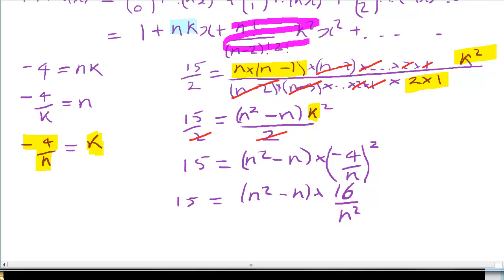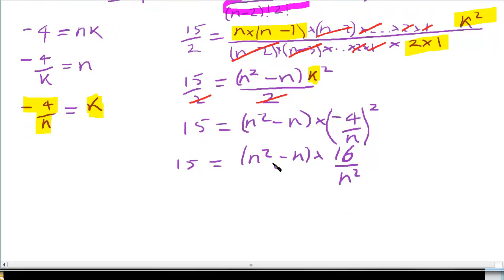Let's get rid of this fraction. Now, a lot of people would cancel out here. If you cancel out, you're going to lose some factors and some solutions, so I suggest you don't cancel out here. Let's times throughout by n squared to get rid of the fraction: 15n squared equals 16 times n squared minus n, that is 16 times n squared minus 16n.